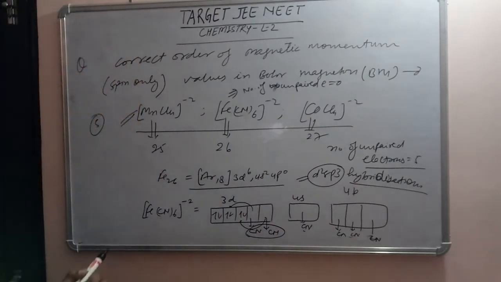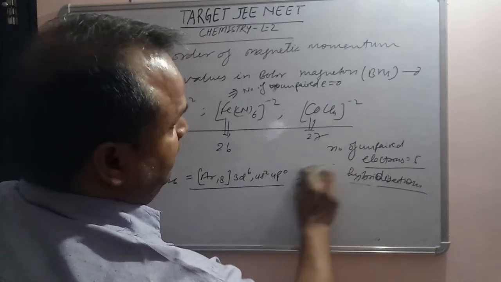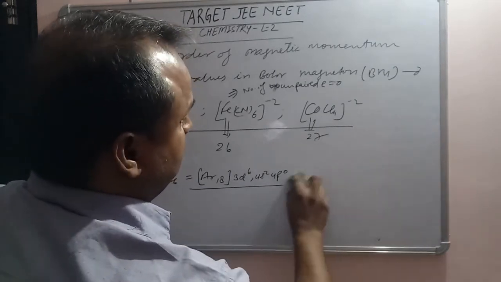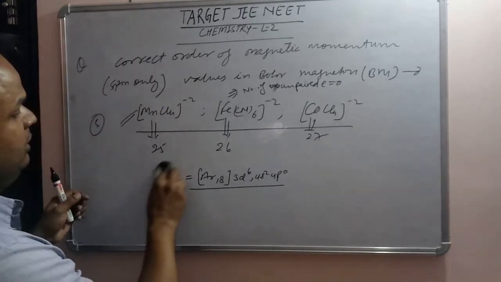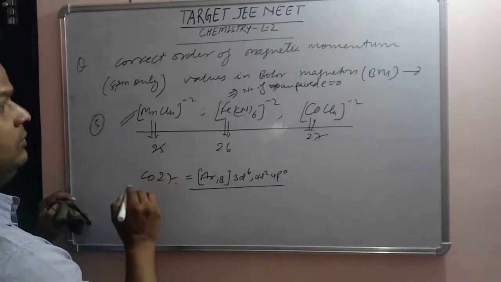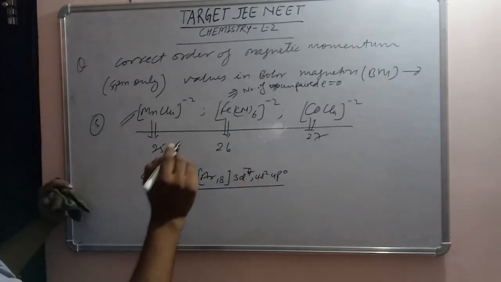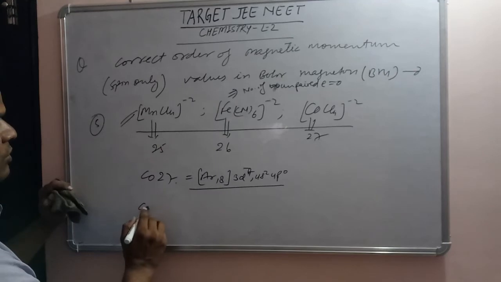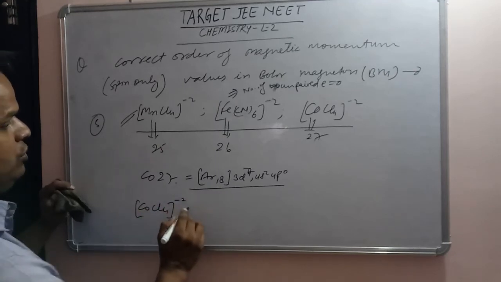Now come to the cobalt. Similar step, from here you can directly find it out. So in this case, if we write cobalt, that is 27, so it becomes 7. Now directly we can write its structure, CoCl4 minus 2.